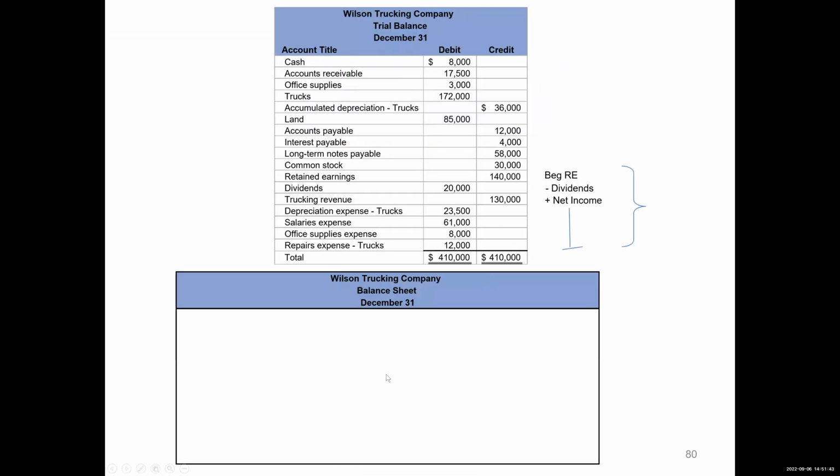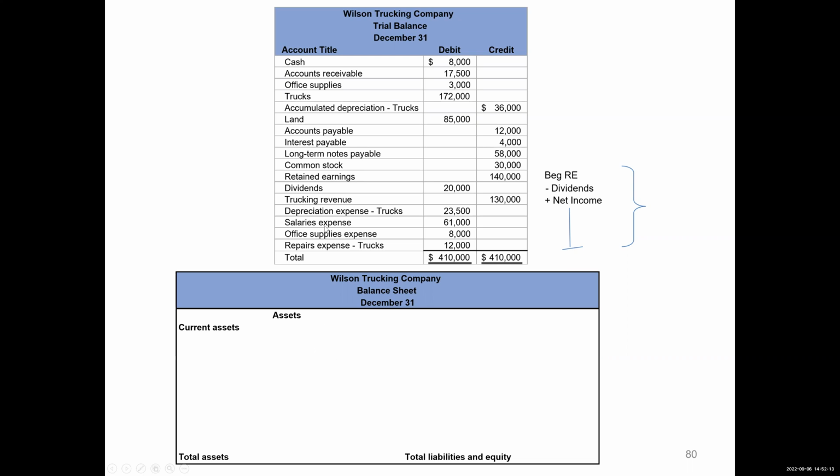Okay, so what do we do? What are the categories? Well, first we're going to have total assets, and we're going to have total liabilities and equity, right? Total assets equals total liabilities and equity, right? And under assets, we're going to have current assets, and well, spoiler alert, we're only going to have one non-current asset.